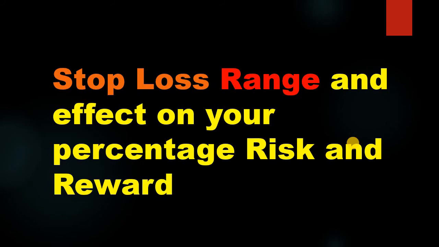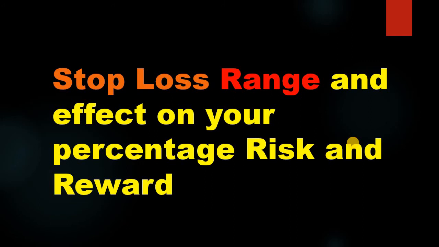A stop loss of 10 pips is a very small range compared to a stop loss of 100 pips or a stop loss of 50 pips. Okay, these are the ranges. So the smaller the pips for the stop loss, the smaller the range. And the fact is this: the stop loss range does not affect our risk.